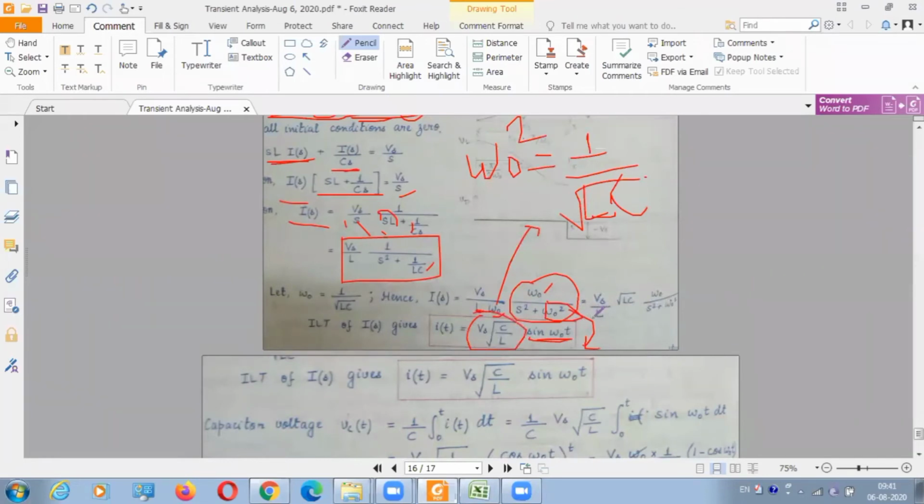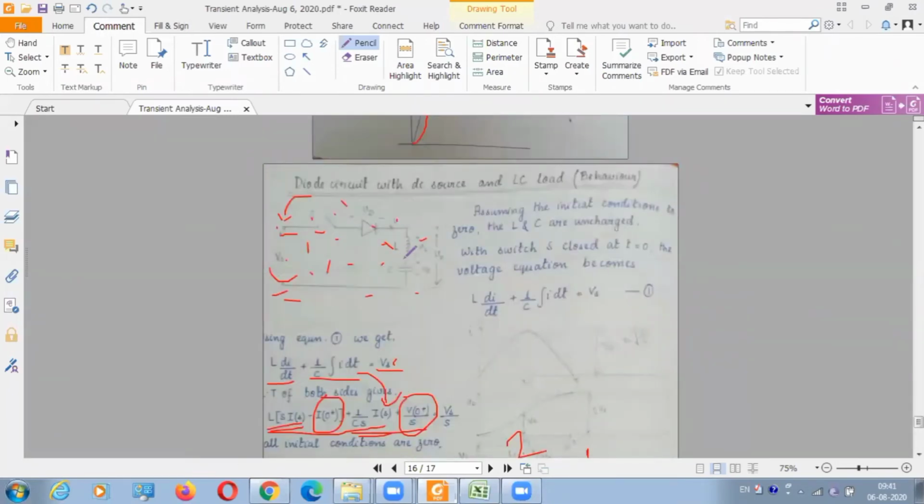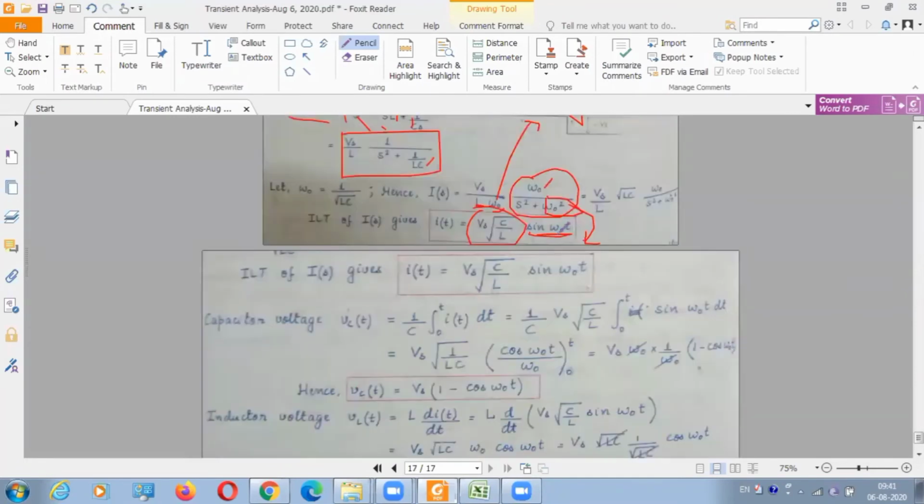So what I can say is that when it is an LC transient circuit on DC supply, the output current is sinusoidal in nature with maximum value Vs root C by L. This is very important for your GATE also. They ask you a question, what is the maximum value of this current?